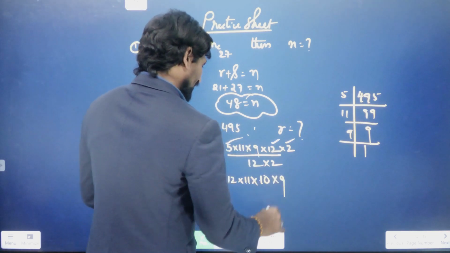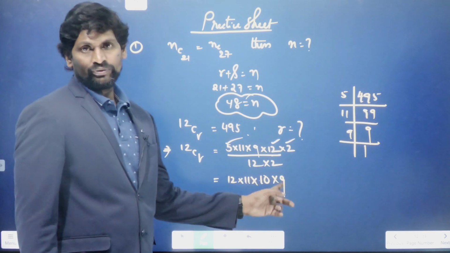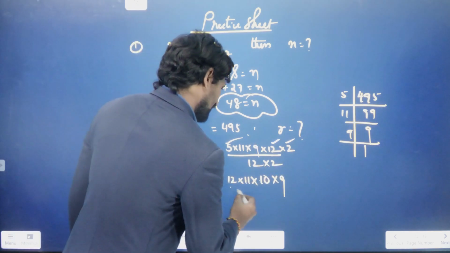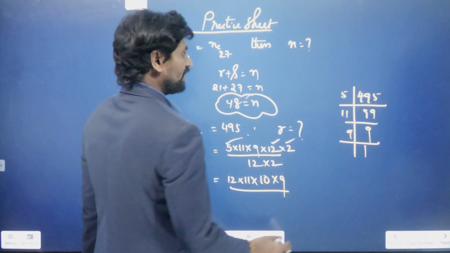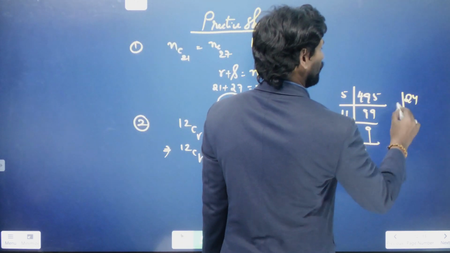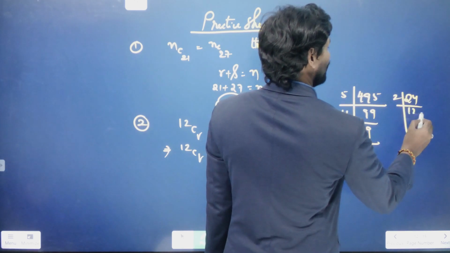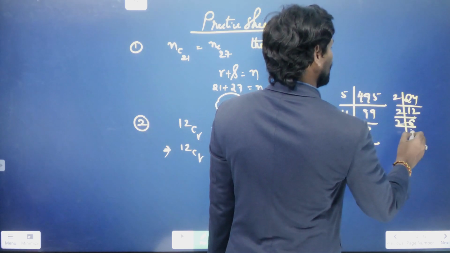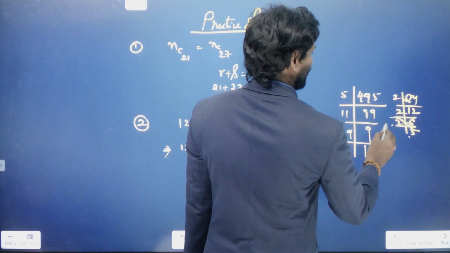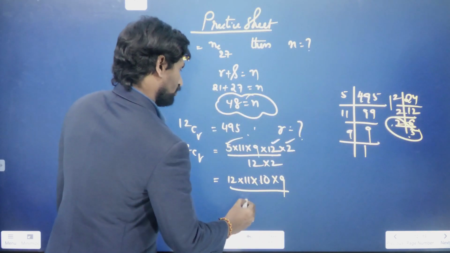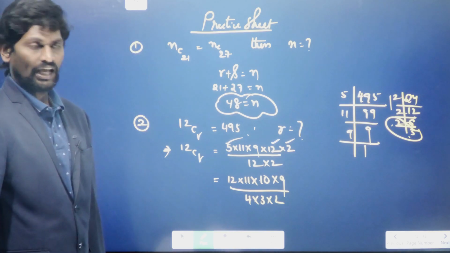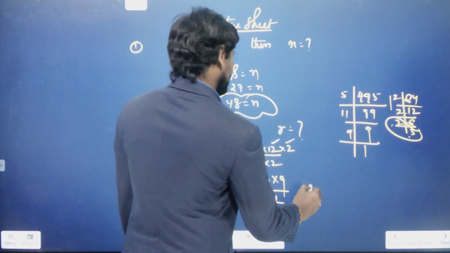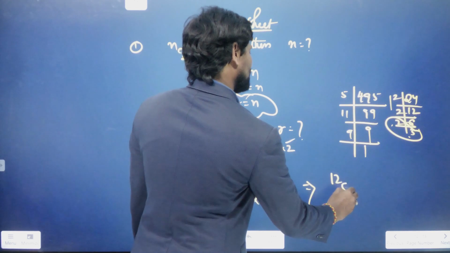So 12 into 11 into 10 into 9 divided by 12 into 2, that is 24. 24 also we can write as prime factors: 2 12s, 2 6s, 2 3s. So 3 into 2 into 2 into 2, that is 4 into 3 into 2. Am I right? So simply we can write it as 12C4.